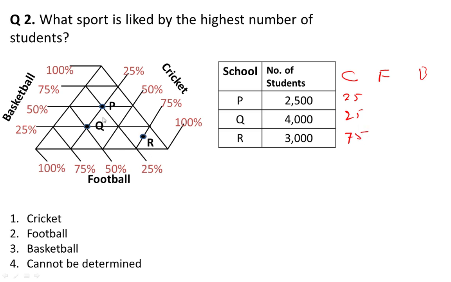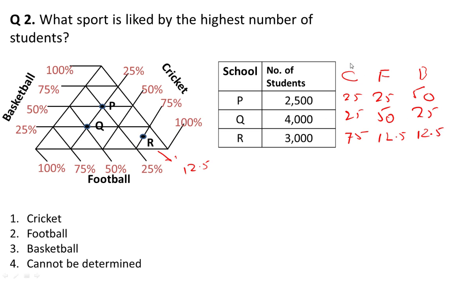P is 25%, Q is 50%, and R is 12.5%. Next, basketball. P 50%, Q 25%, R 12.5%.